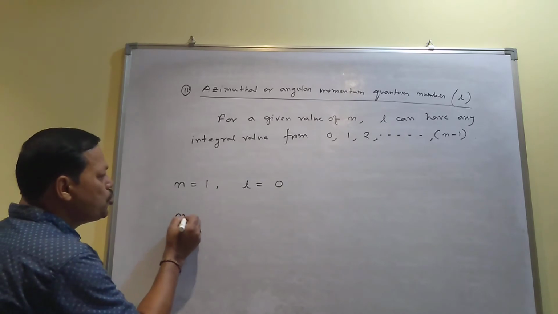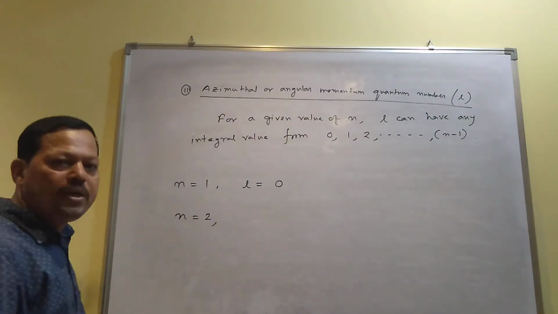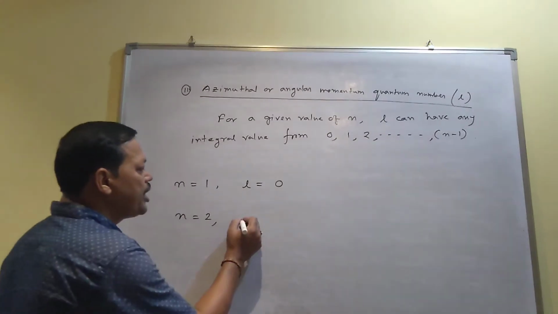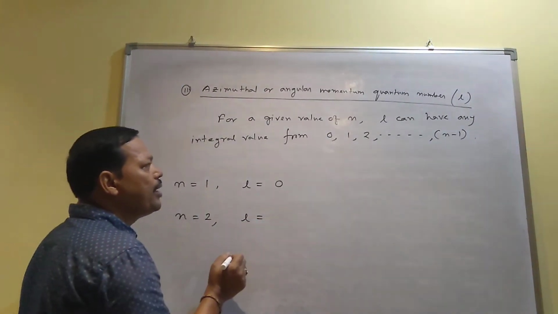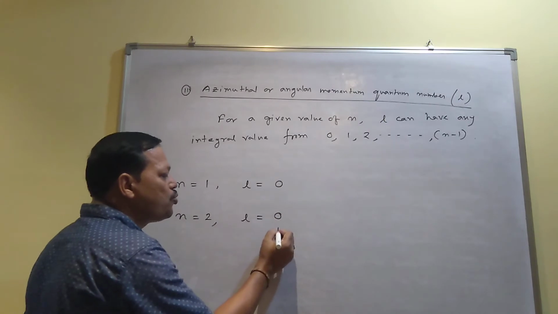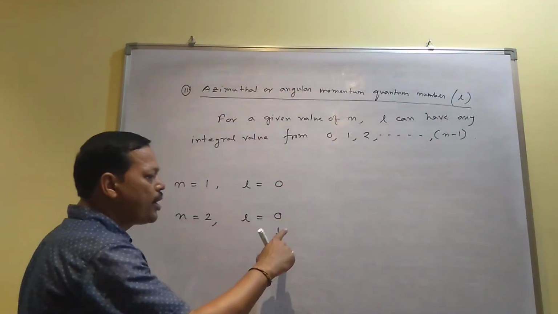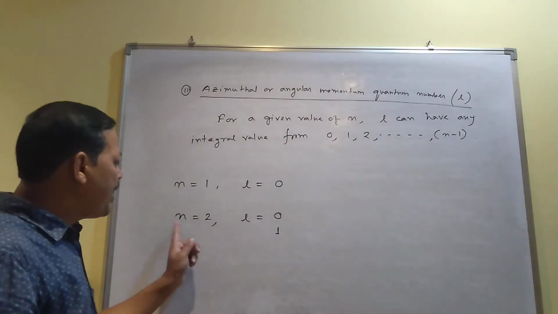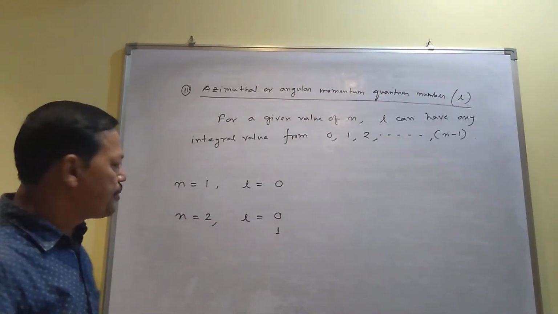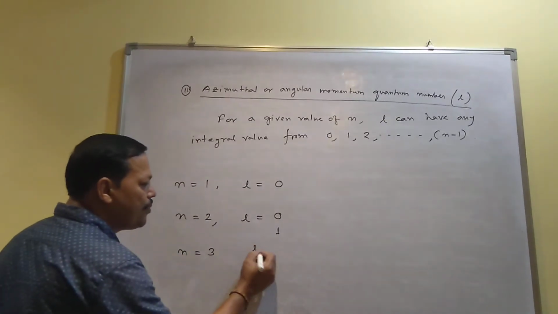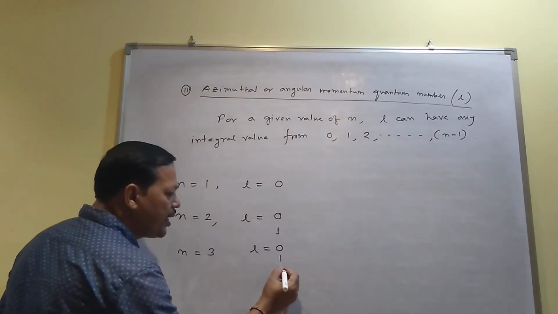For n equal to 2, it represents the second cell. So n equal to 2 means you will get 2 values of L, and the values should be one is 0, one is 1, because it always starts from 0. You will get 2 values. Similarly, if n value is 3, L values should be 0, 1 and 2.